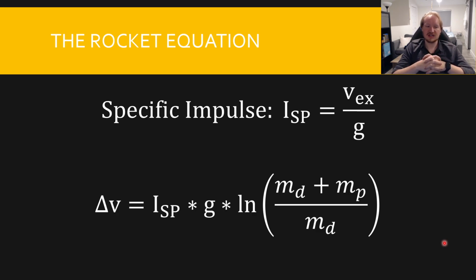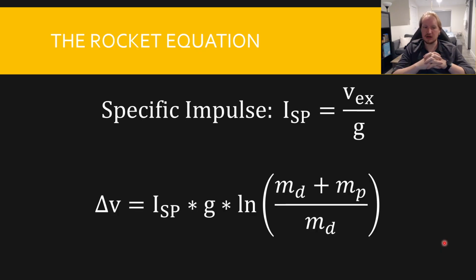And we can use this to substitute into our velocity equation to get that the total delta V is equal to the specific impulse times g times that natural log argument. This is very helpful because generally when we have a defined thruster or spacecraft, we can find its specific impulse and calculate that pretty easily.